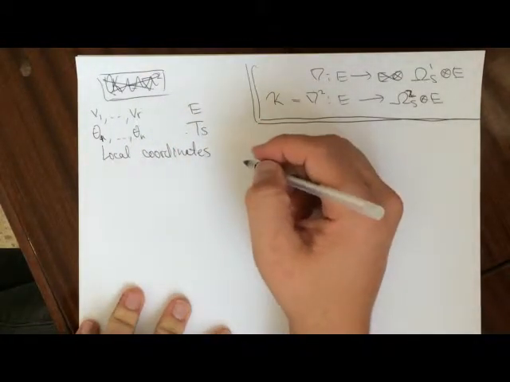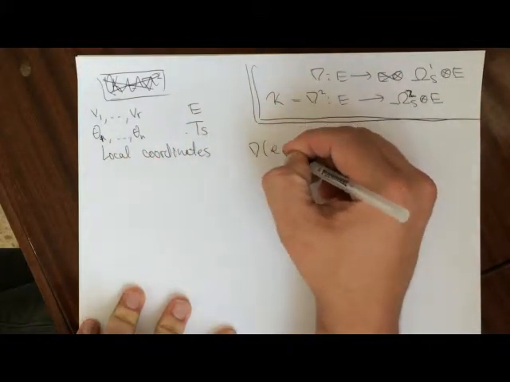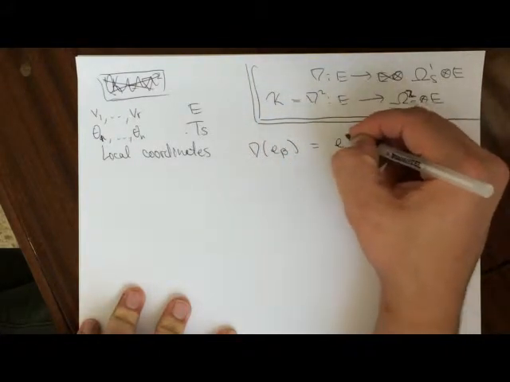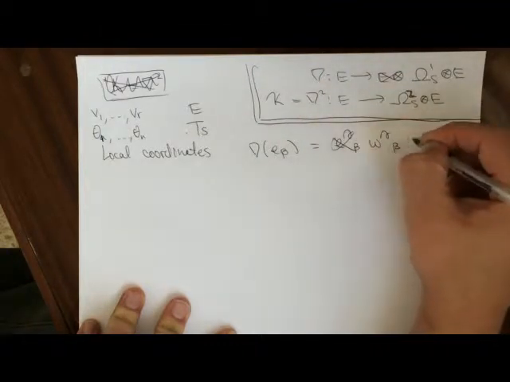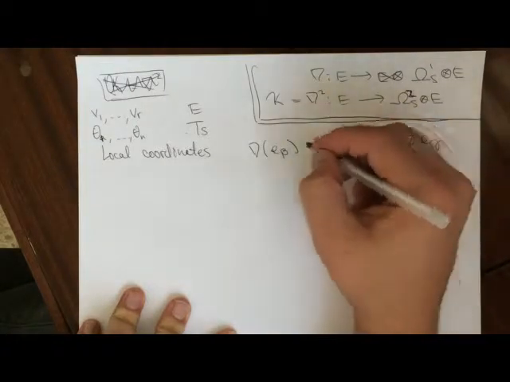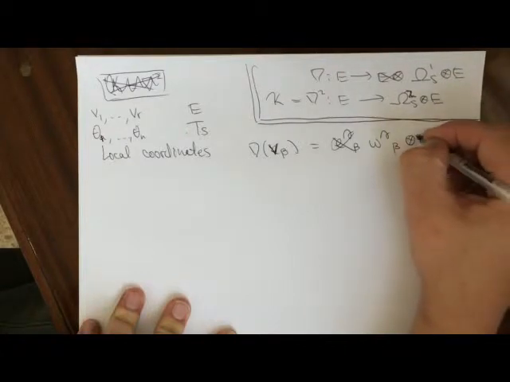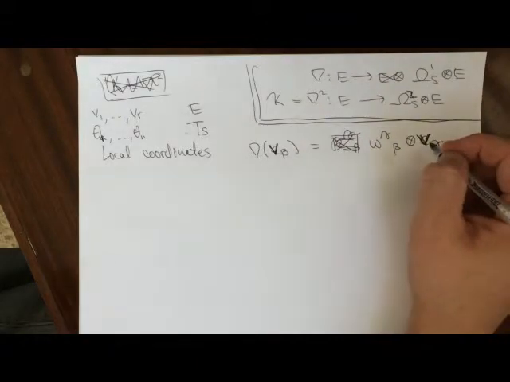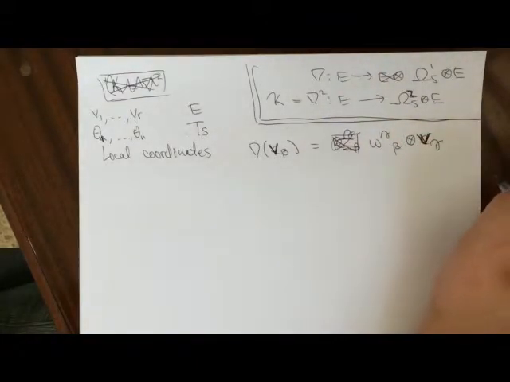So in local coordinates, we wrote out what the connection looks like. We had these connection 1 forms, and I'm going to use Einstein notation. Sorry, that's not right. This is omega gamma beta tensor E gamma. We viewed this as a kind of matrix multiplication for this connection 1 form.